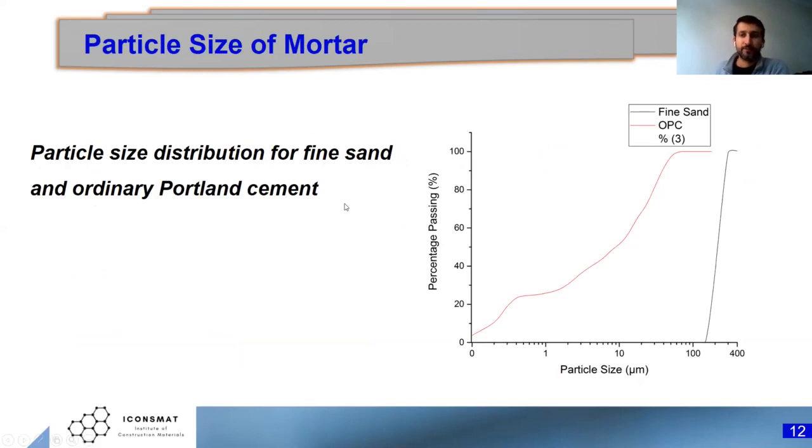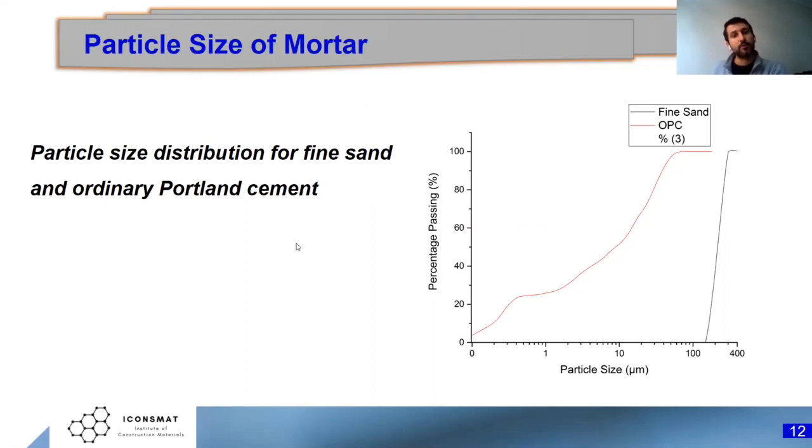And particle size distribution is pretty significant to consider, because the distribution of the fine sand and ordinary Portland cement could give better packing of particles in your system. That's very important for both procedures, inkjet printing and extrusion printing.